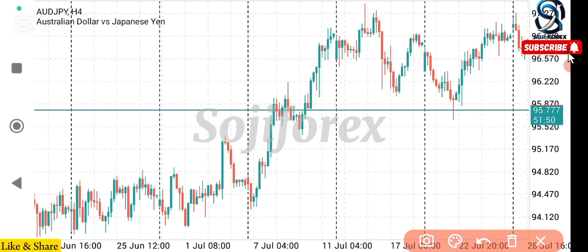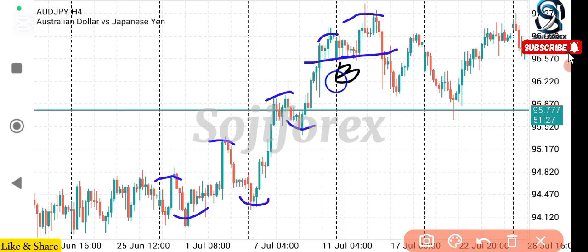You agree with me that we're having a higher high, higher low, higher high, higher low, higher high, higher low, higher high, higher low, and a higher high. So from here, we have a break of structure. So obviously, at this point, we have a change in direction. So this is our break of structure.